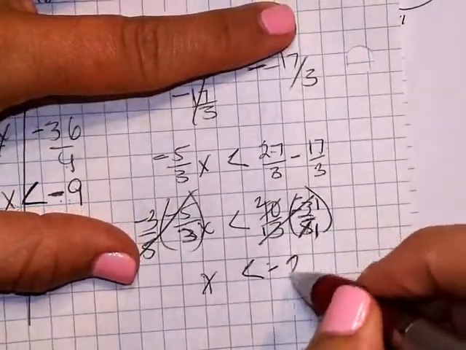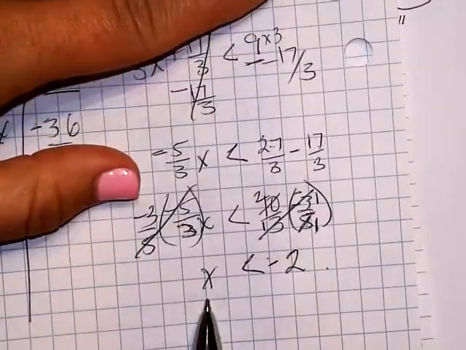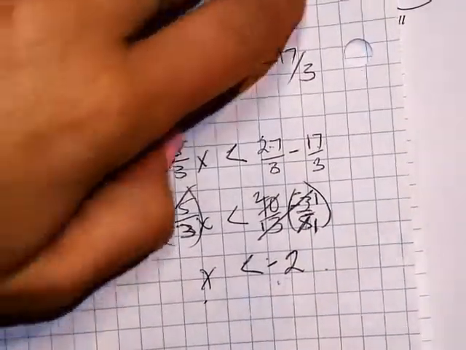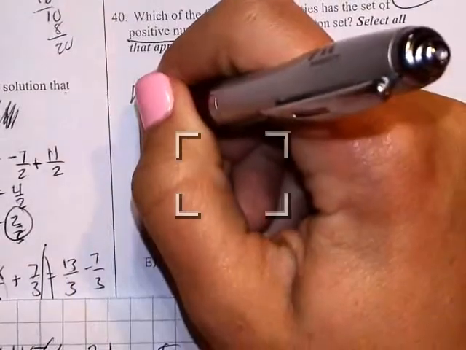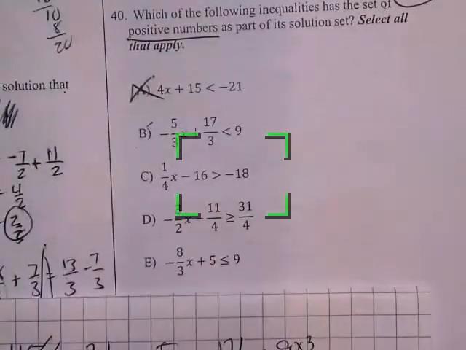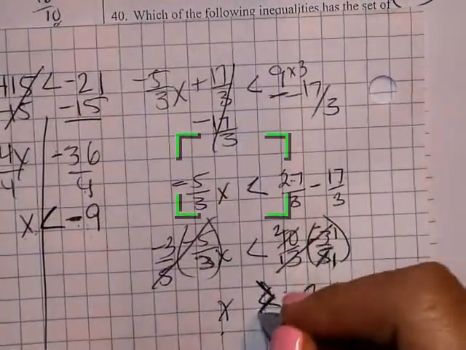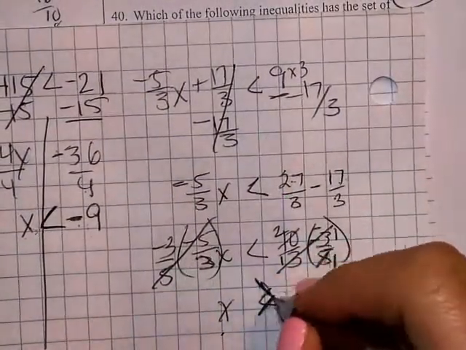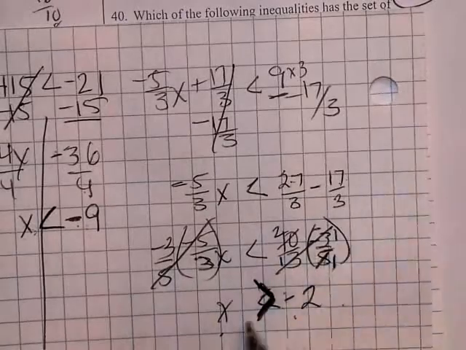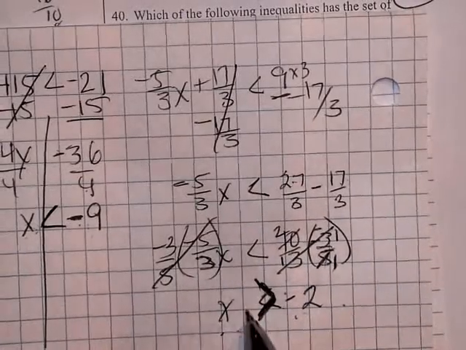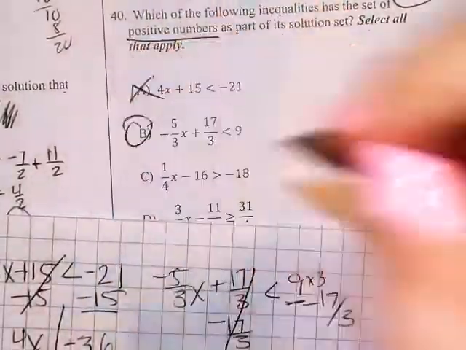Negative 2. So your answer choices for x are all numbers less than negative 2. Oh, I forgot something. I had to switch the sign. Because I multiplied by a negative, I had to switch the sign. So my answers are greater than negative 2, which are going to be positive numbers.